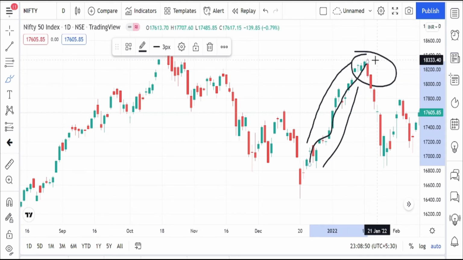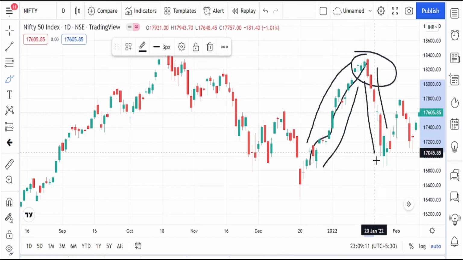Here the strength of the bulls became weak and bears came into the market with full force and tried to break the trend, and in the next couple of trading sessions there is a trend reversal and the market fell.